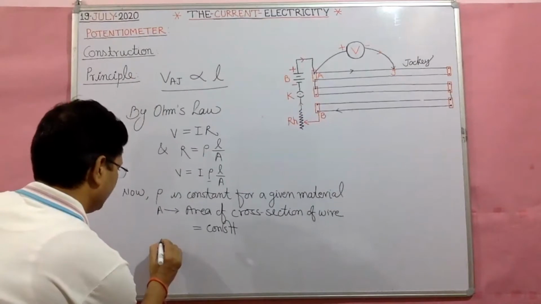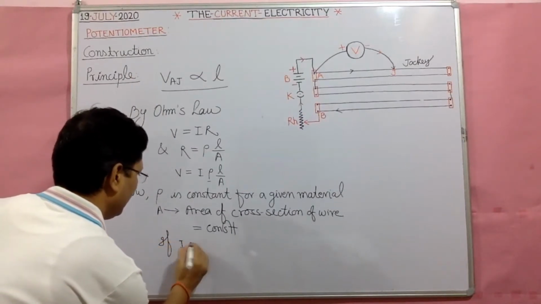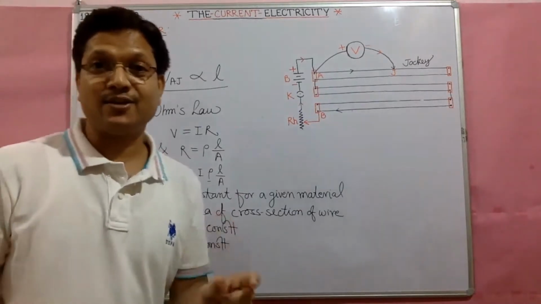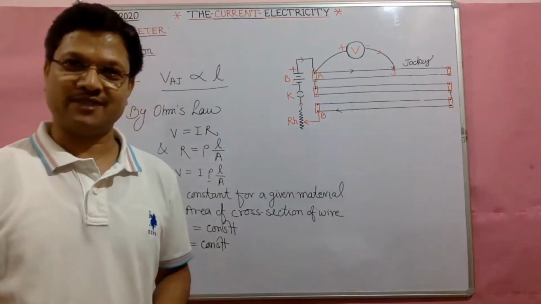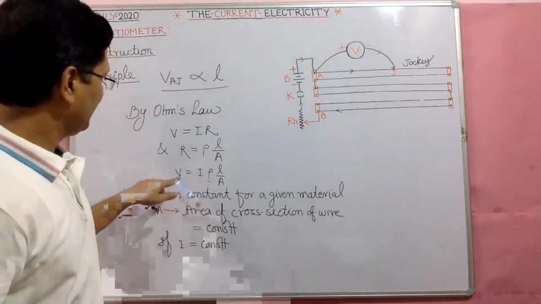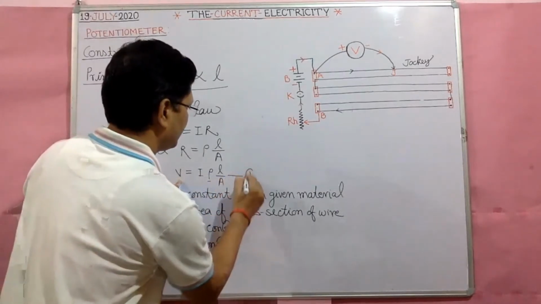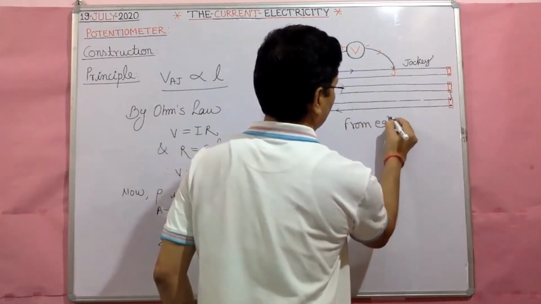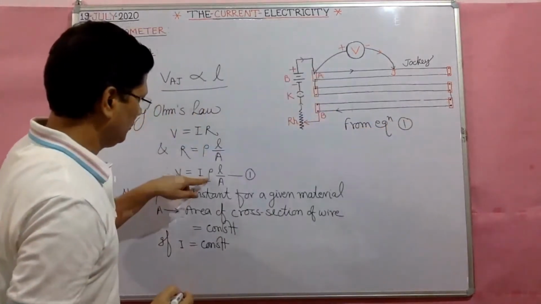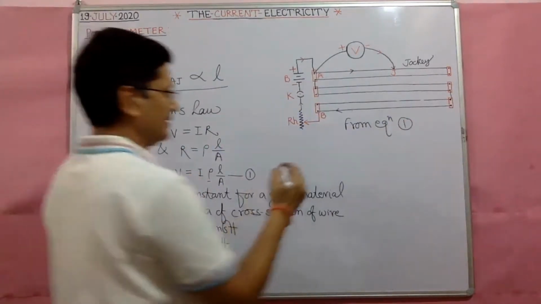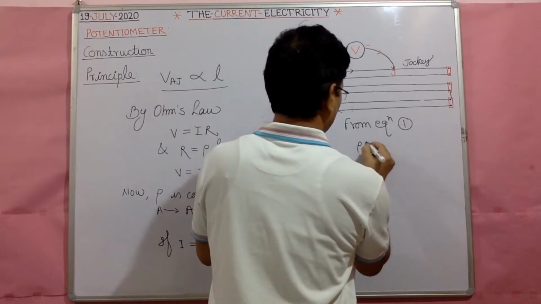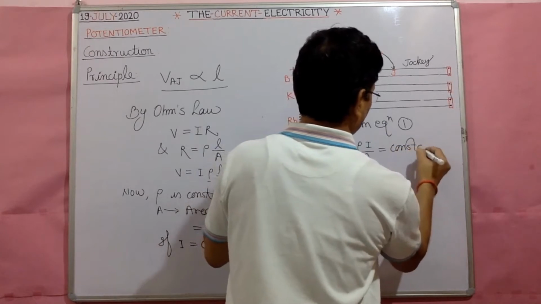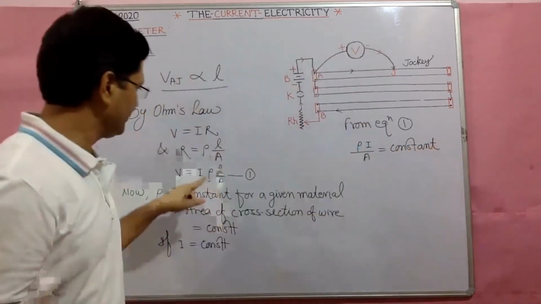I said that when a constant current is passed through the potentiometer wire, if I is equal to a constant, then from equation 1, rho I upon A is constant. All these are constant.